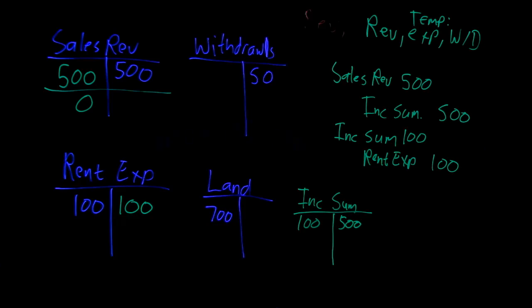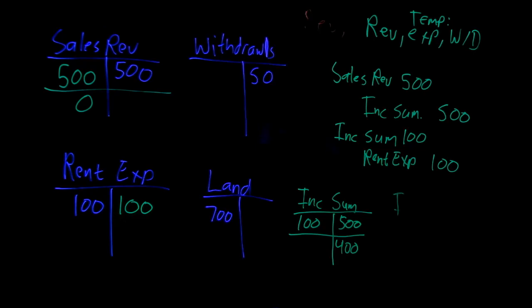Now we have to do something with this income summary account, because it is a clearing account, or a passing account. The balance that we currently have in here of $400, we're going to move to capital. If this has a $400 credit balance, to bring it to zero, we have to debit $400.